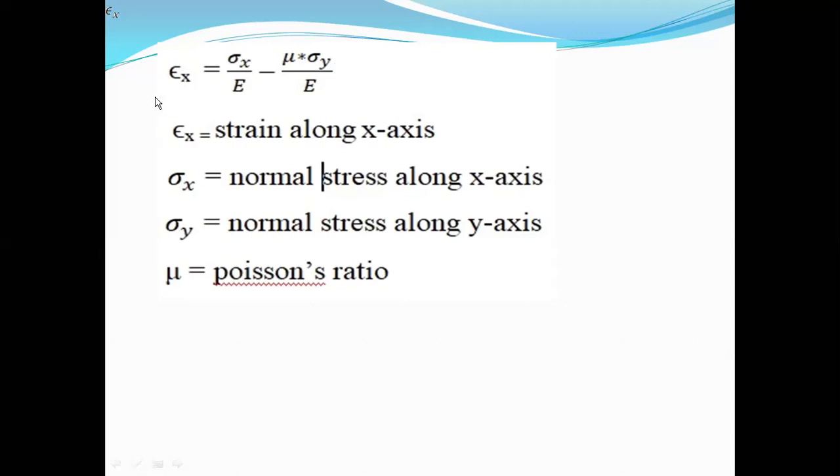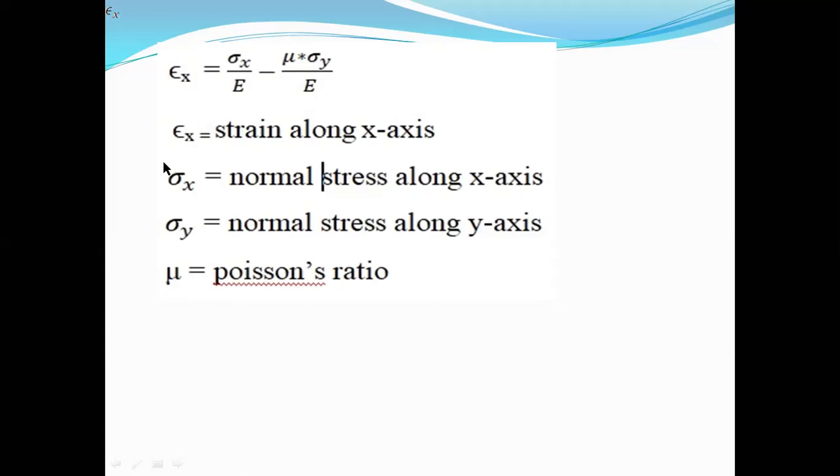But I want to find it with respect to x, because if x is the direction along which I want to measure the strain, the other directions are going to be lateral. We need to get the lateral strain now, so in order to get it, we'll be using the Poisson's ratio. So the effective strain epsilon x is equal to sigma x by E, the strain along x-axis, minus mu into sigma y by E. This is the lateral strain, since we have used Poisson's ratio.